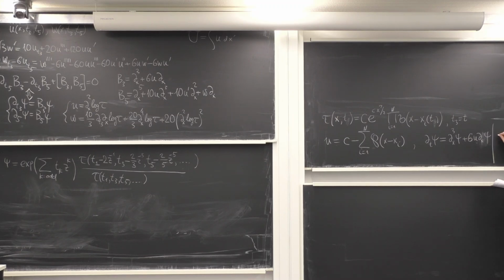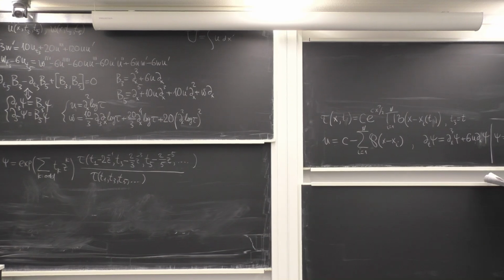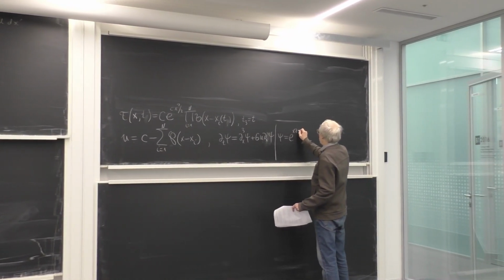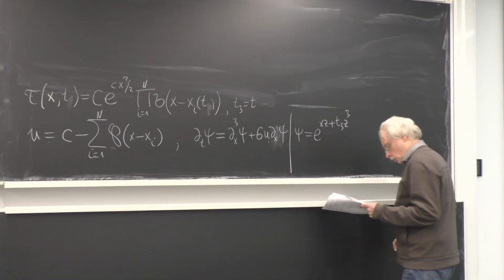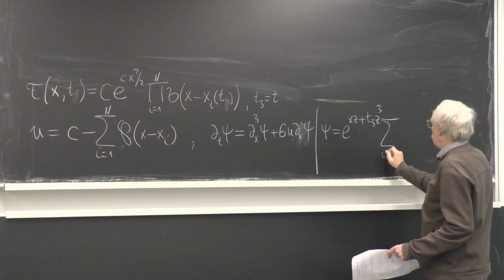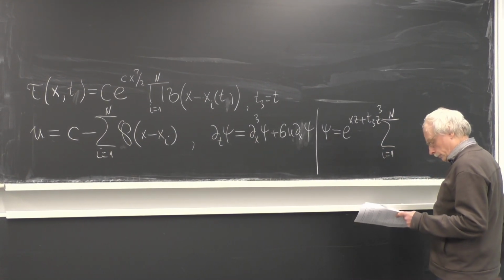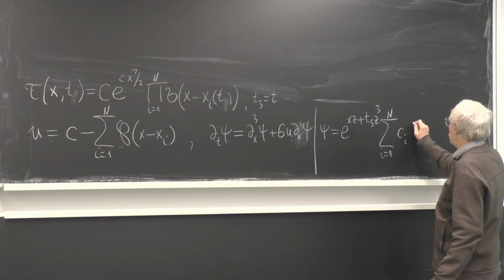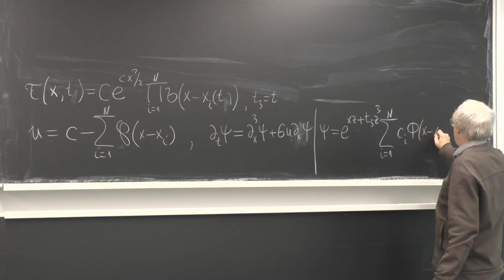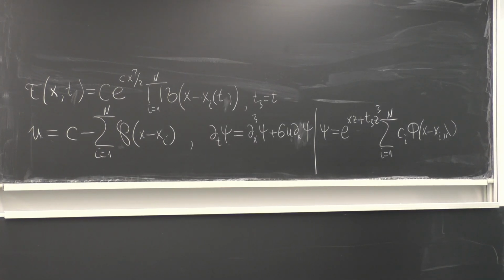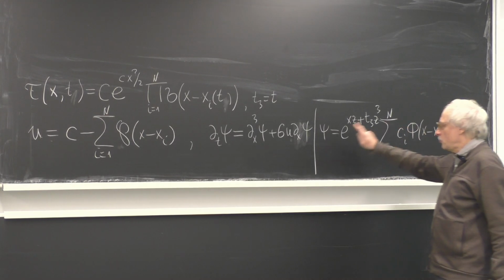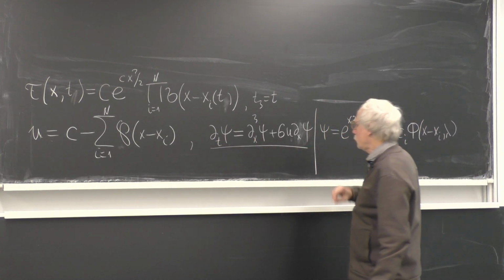So we make the familiar ansatz as a linear combination of Lamé-Hermite functions. The same ansatz as for Calogero-Moser model, and we should substitute it in this equation.